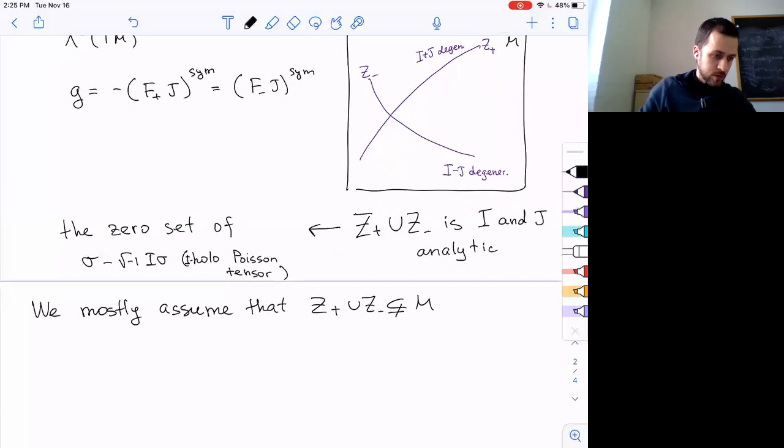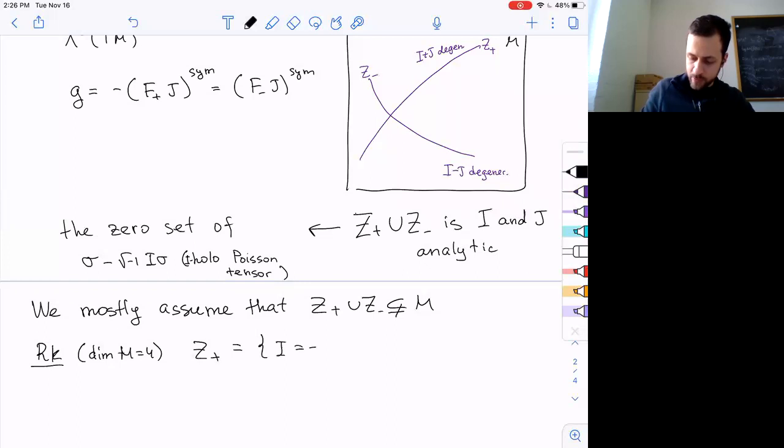Okay, so maybe I'll make a little remark about dimension 4. This is a special case: when the dimension of your manifold is 4, then actually Z plus turns out to be the set where I equals negative J. Maybe I rather should write it as I plus J equals 0.